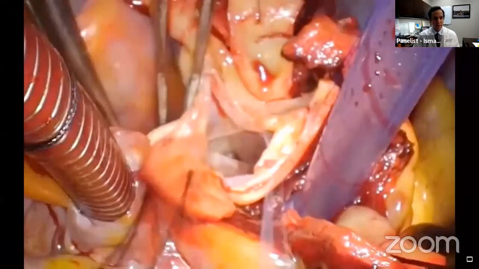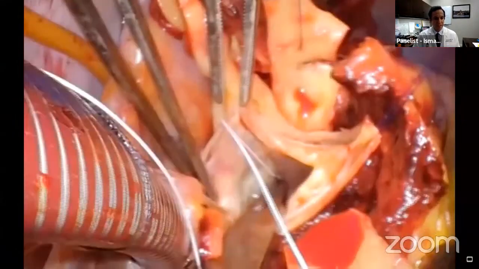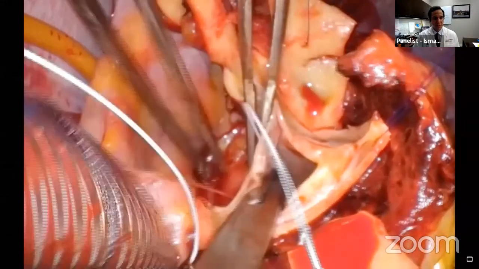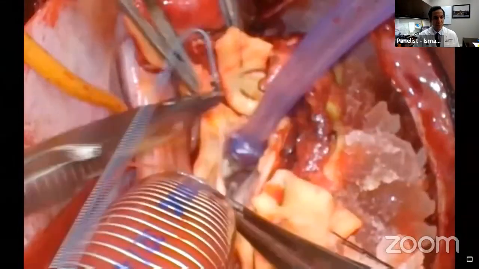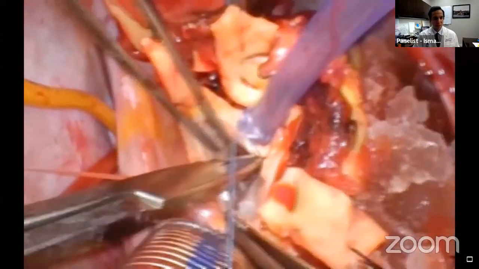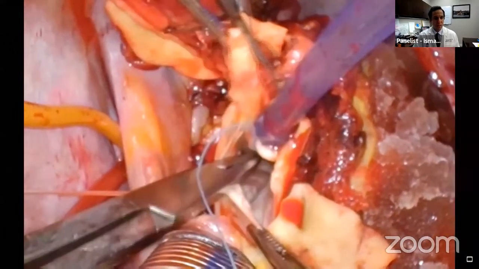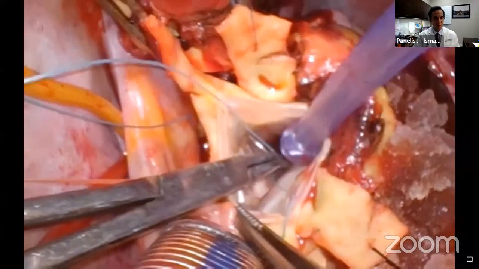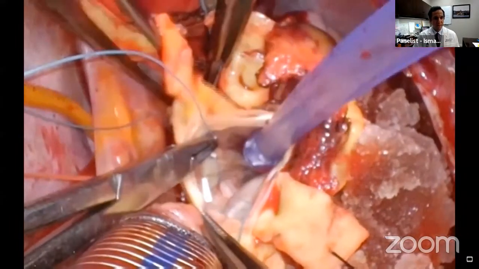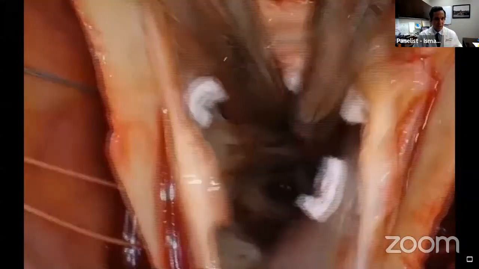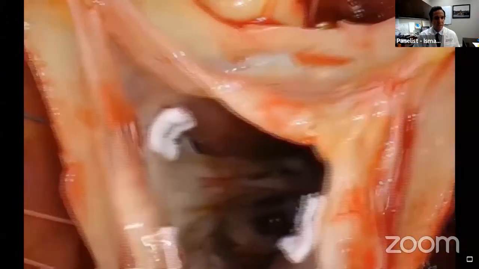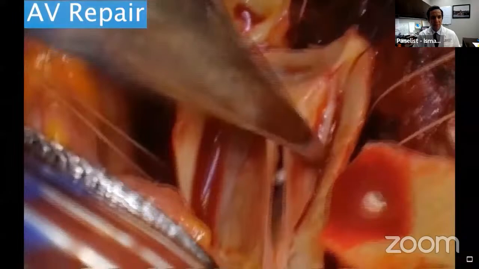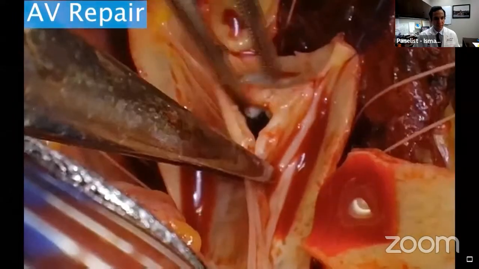And then before doing any leaflet work, you place the subannular sutures from inside the LVOT to the outside using 2-0 plegitted Ethibond sutures. They go in a circumferential plane in the basal ring, and you see their position in a horizontal plane. And these will be used for the annuloplasty after we finished replacing the root.